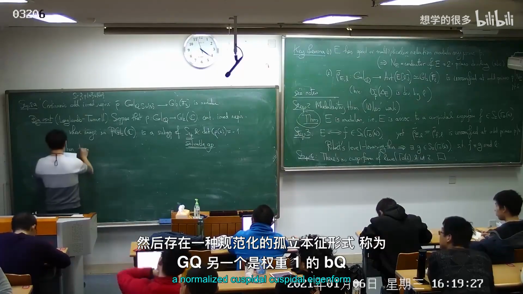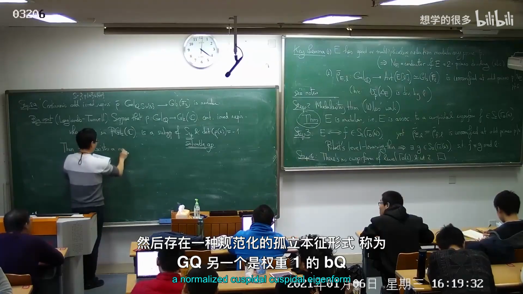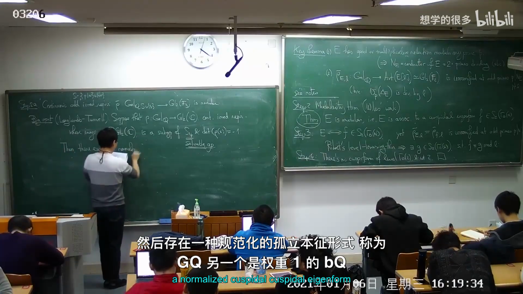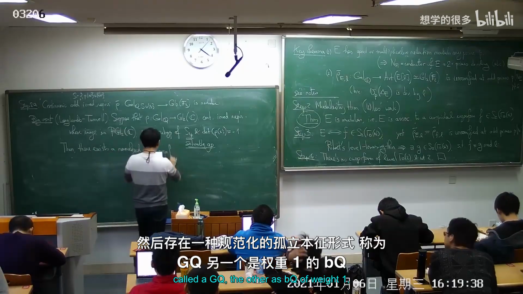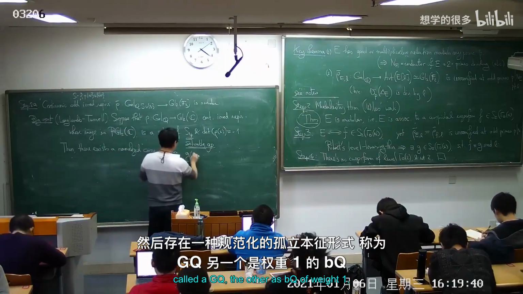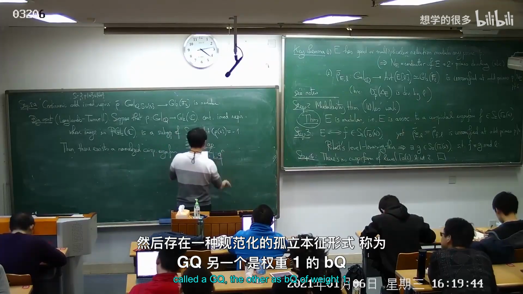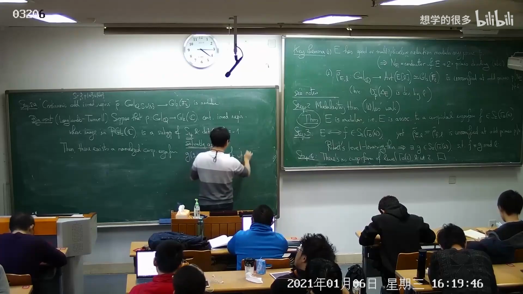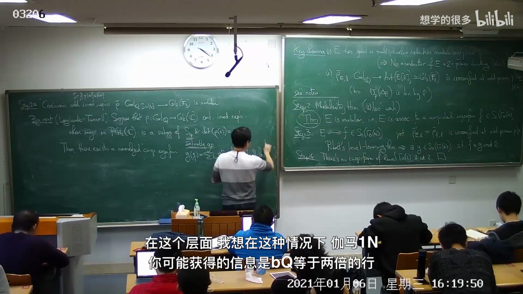Then there exists a normalized cuspidal eigenform g = sum a_n q^n of weight 1 and level, I guess in this case Gamma_1(N).